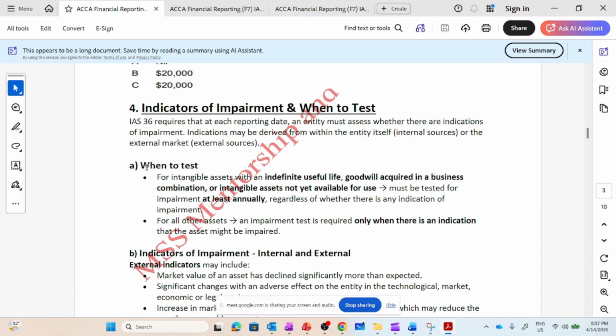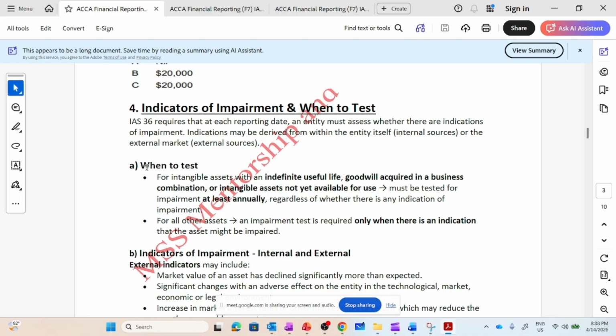For example, a motor vehicle involved in an accident is a clear indication of impairment, or a significant change in the components of the motor vehicle is an indicator of impairment, or due to the economic situation, we can't use this type of motor vehicle or machine in the production process until further notice. It's an indication of impairment. We need to see things that have the propensity to bring the value of the asset below its carrying value. That is what we refer to as the indicators of impairment.